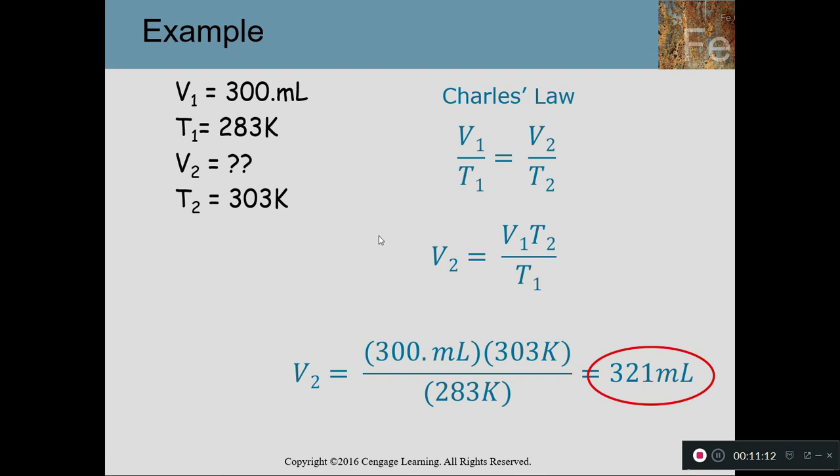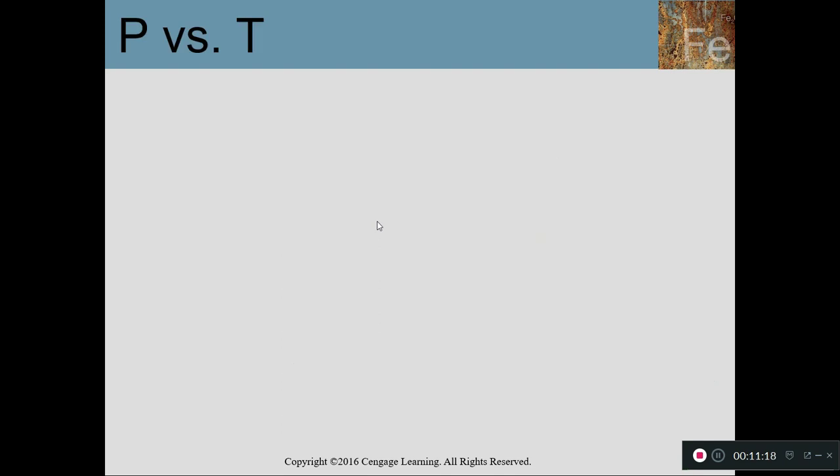The third law that still keeps the number of molecules constant is called the P over T law, or sorry, the PT law. You have pressure and temperature. Again, let's think about it. Anybody who's ever been at a campfire and been crazy enough, I know some of you guys have done this, usually people with Y chromosomes, will take an aerosol can and put it in a fire.